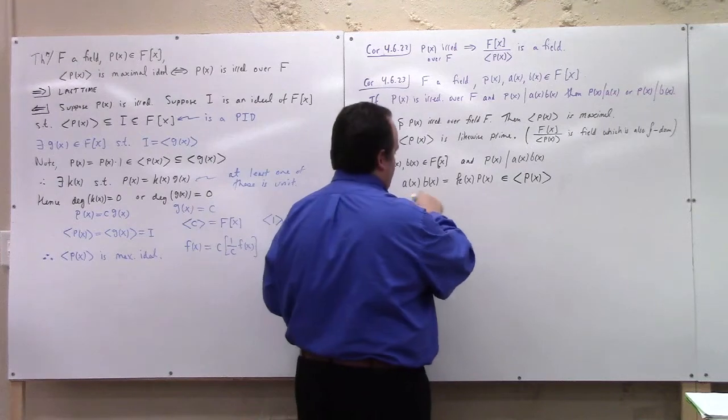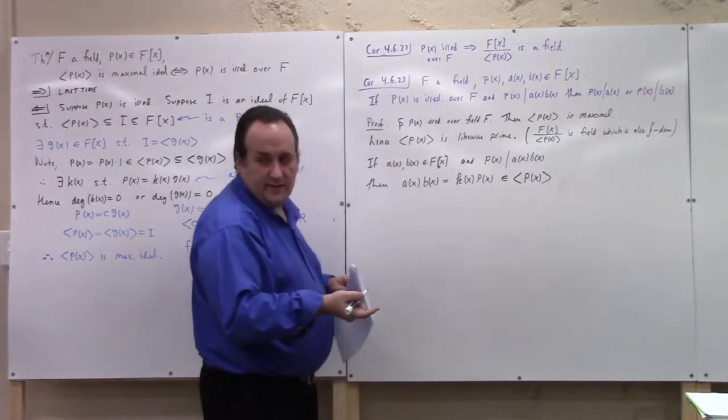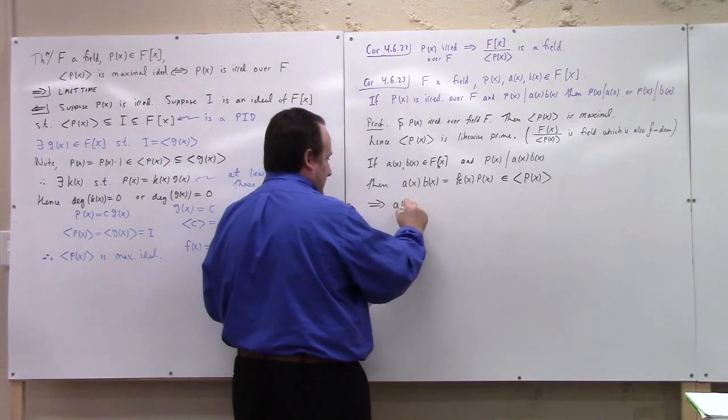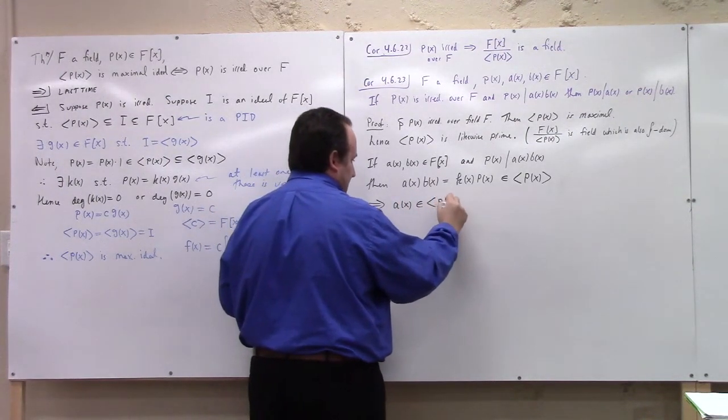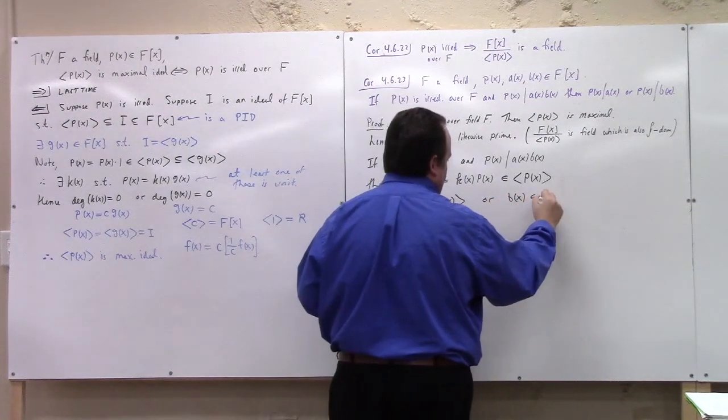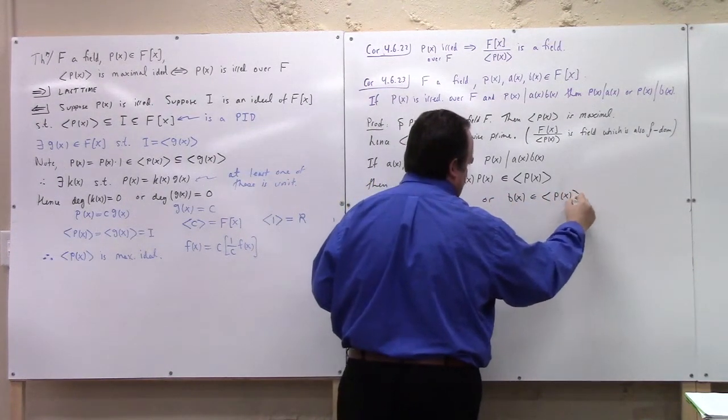So we have the product of two things inside a prime ideal, and by definition of prime ideal, either a of x is in the ideal generated by p of x, or b of x is in the ideal generated by p of x.